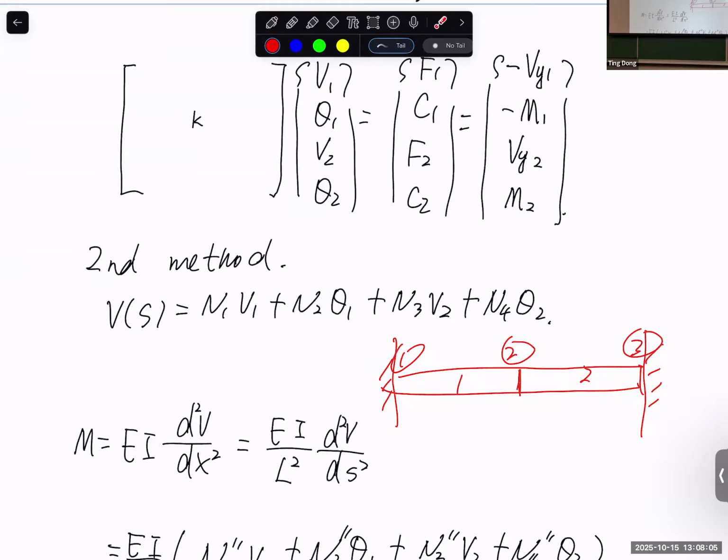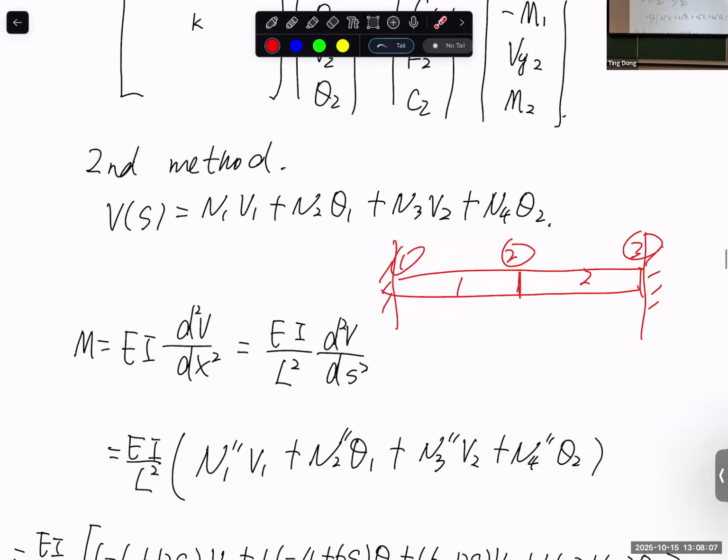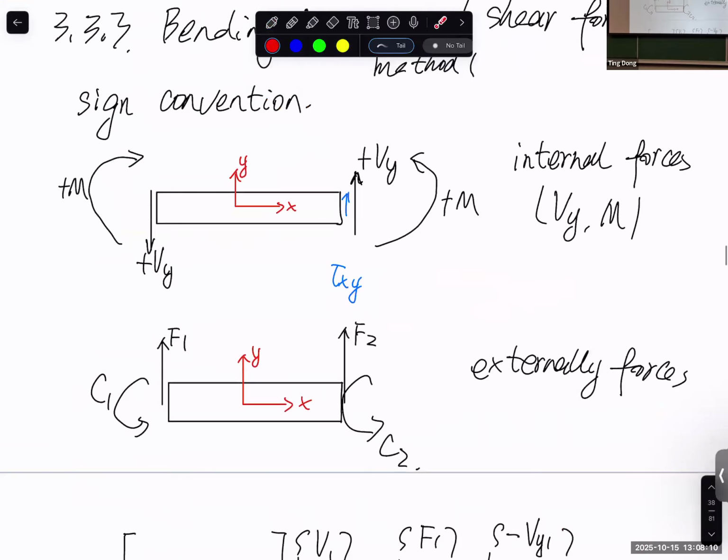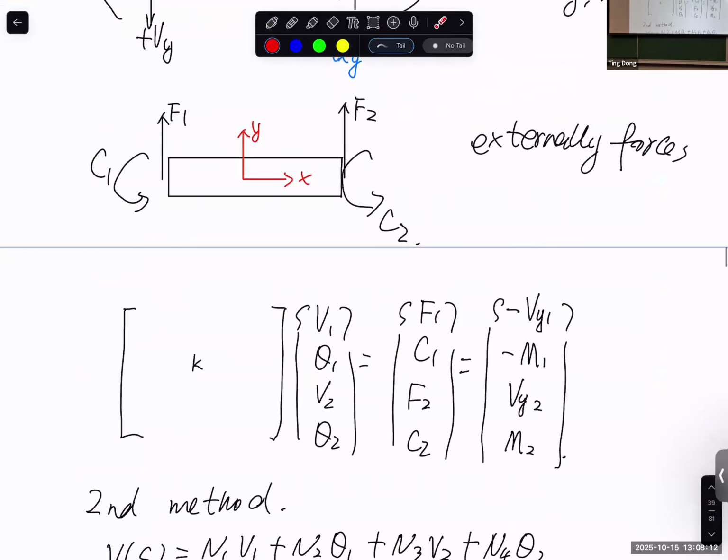This is example 1 for the sign convention. In the K matrix, you also consider V1 and theta 1 in your degrees of freedom.